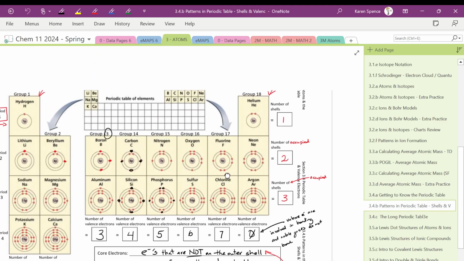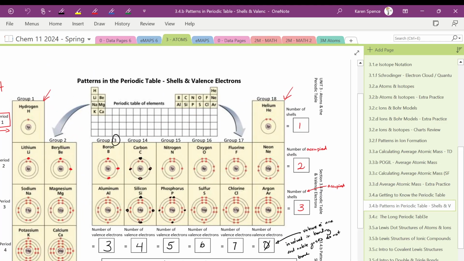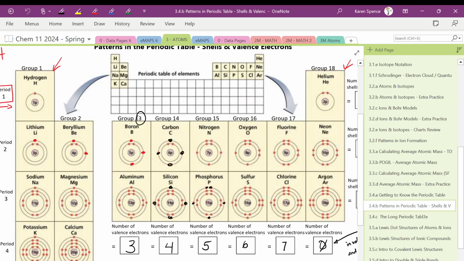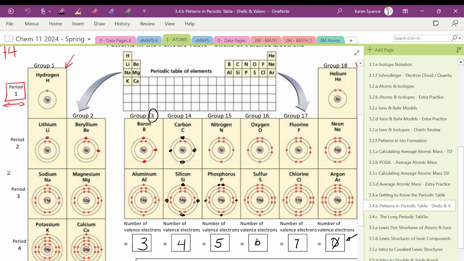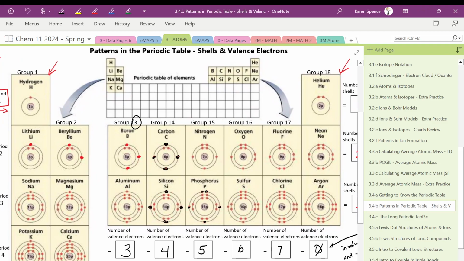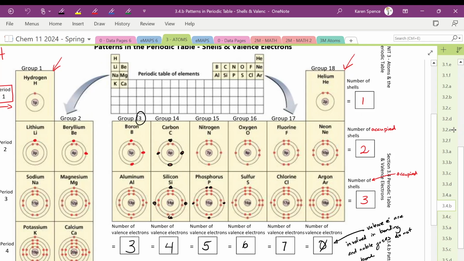Who does not need 8 electrons to be stable? You can check this out if you want to. It's on page 74, if you want to see it a little bit bigger. Tell your partner who does not need 8.